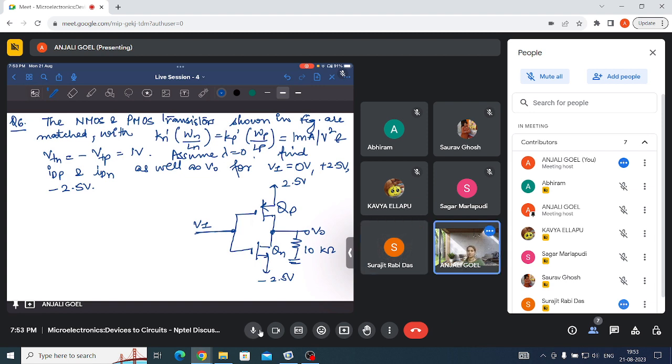Okay. PMOS is cut off. And for Vi equal to 0 volt, output also 0 volt.